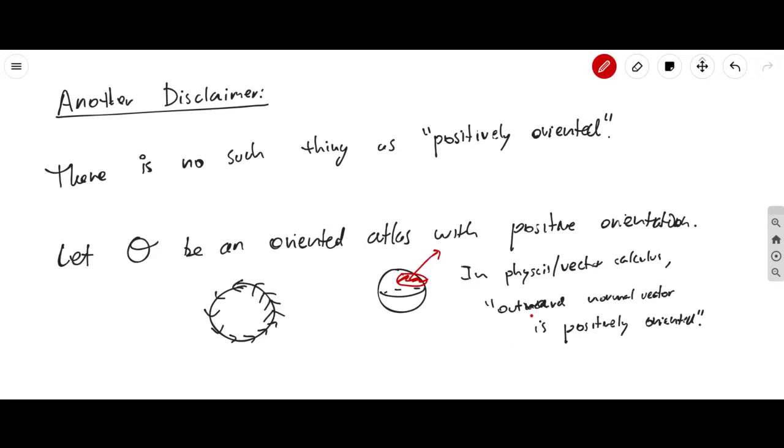But this is an arbitrary choice, and you can only talk about something being outward because you have a sphere, something you can visualize. In an abstract space, such a thing does not exist, okay? So we only talk about things being either orientable or not. That's what we talk about in the abstract in general.